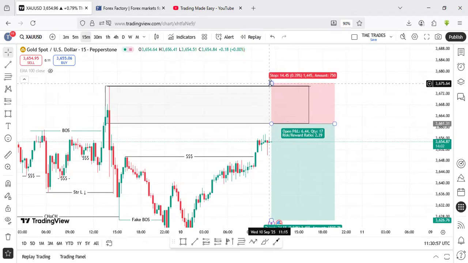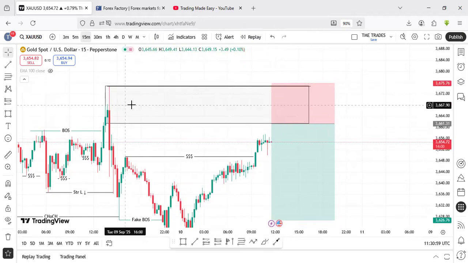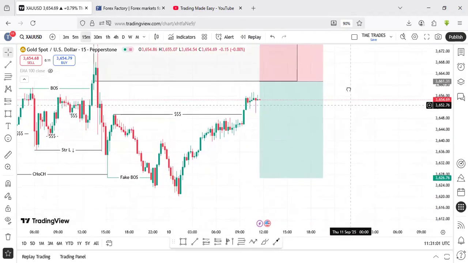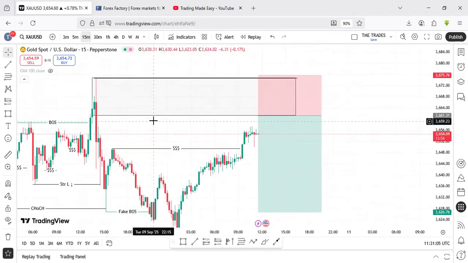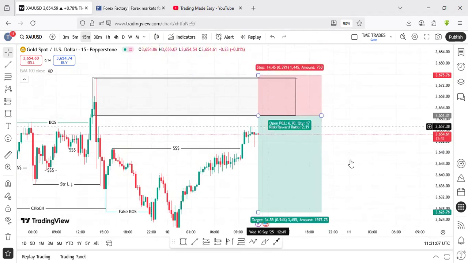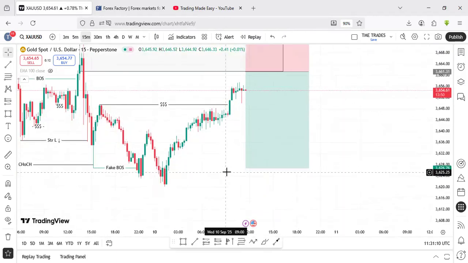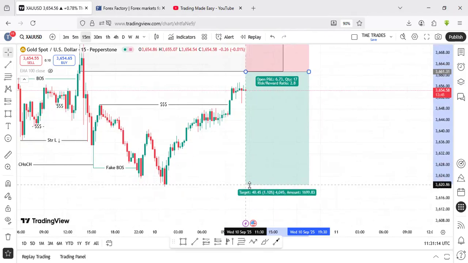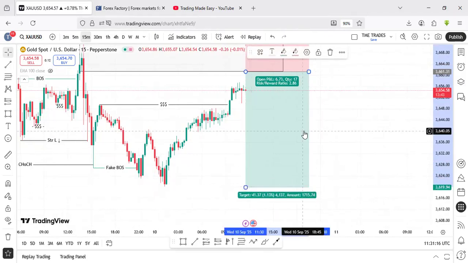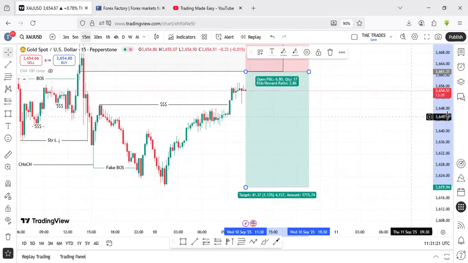Placing an order here, putting your stop loss above that order block that created this, or we can call it either you call it order block or order flow that created that move. Then put your take profits at this particular place. This is almost 3-to-1 risk reward, which is a very good one.